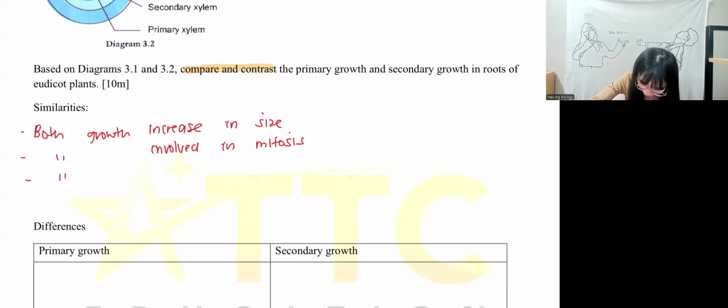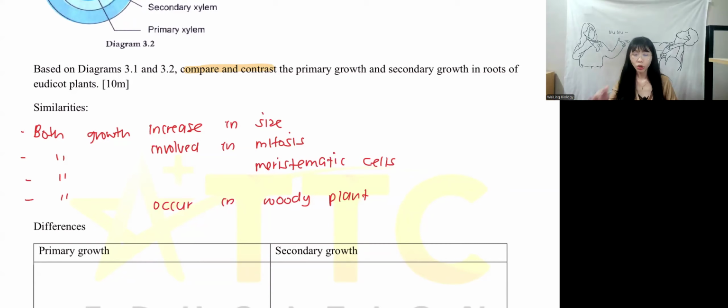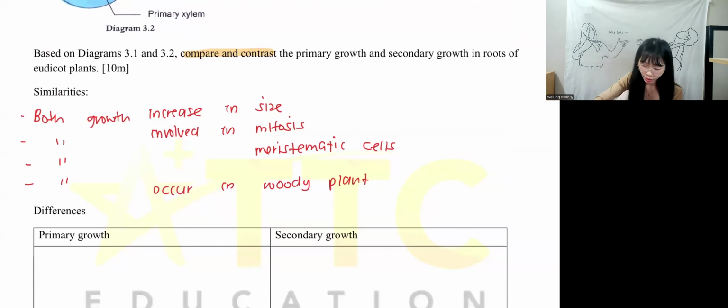Next, both growth involve meristematic cell. Next, both growth occur in woody plant. So remember, you're going to start with the word both. Both is the keyword.